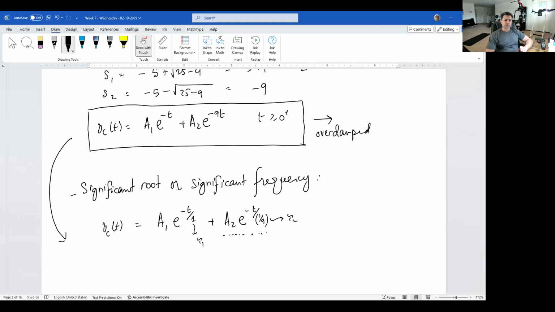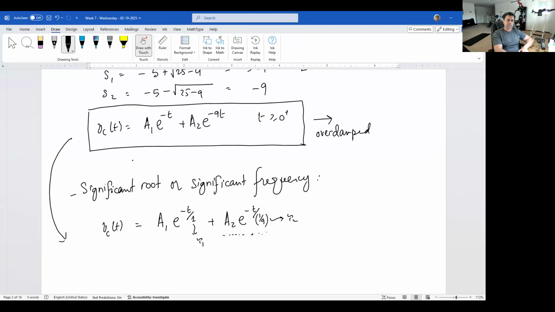So the significant root, or the significant frequency, is the one that takes longer to die down, because that term is going to define the shape of the curve. The one that dies down quickly is not going to contribute much to the shape of the curve. But the one that is going to last longer is going to contribute to make the shape of the curve. So it's the first term in this case.